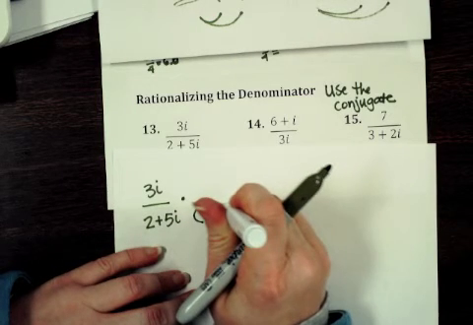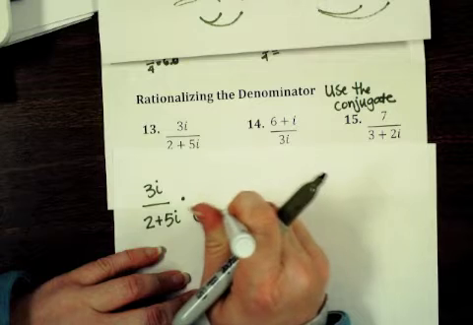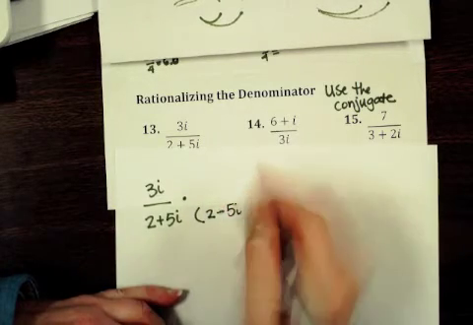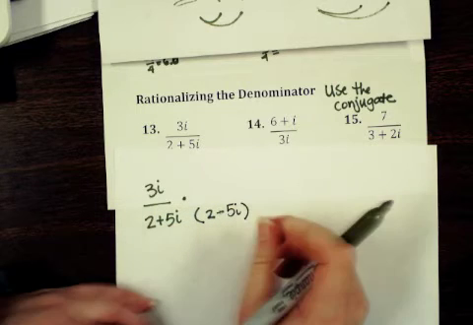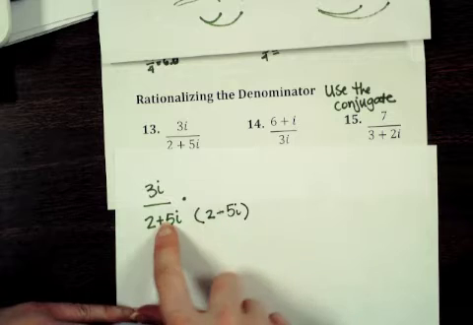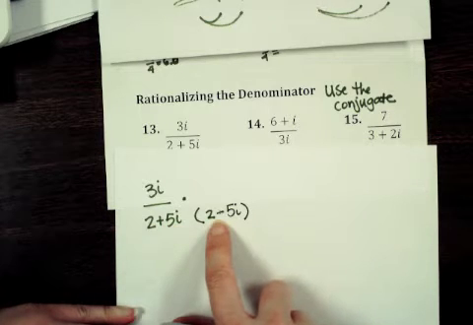The conjugate of 2 plus 5i is 2 minus 5i. And all we do is we change the middle sign. If this were a -2, we would not change that. We would only change the middle sign to make it 2 minus 5i.